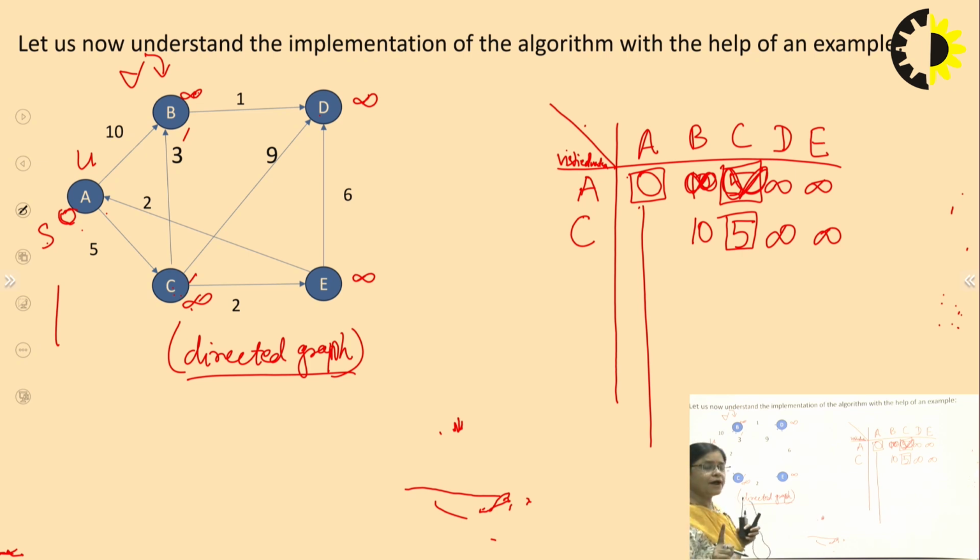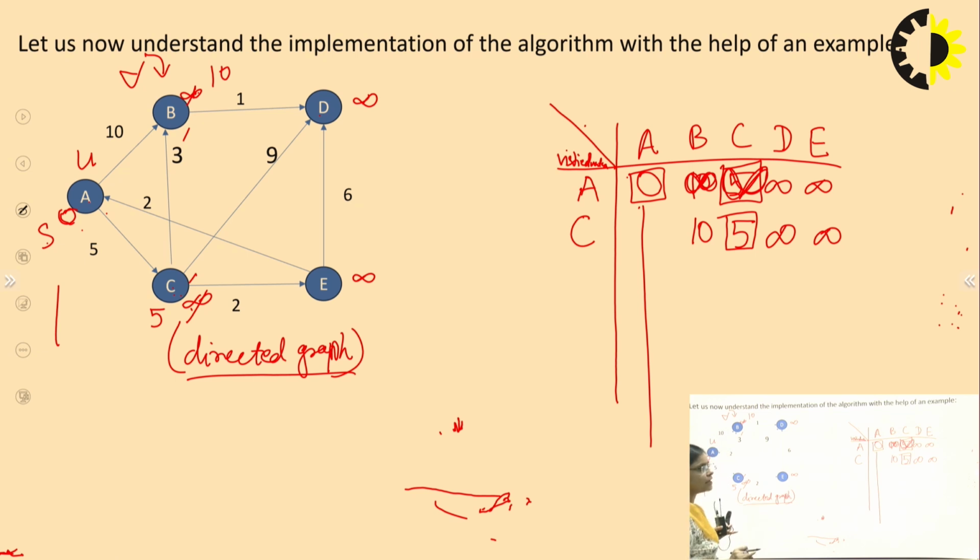One more thing to keep in mind: now our A to B value is 10, and the C vertex has got the value of 5. This infinity has been cancelled. The current values of these two vertices are 10 and 5.